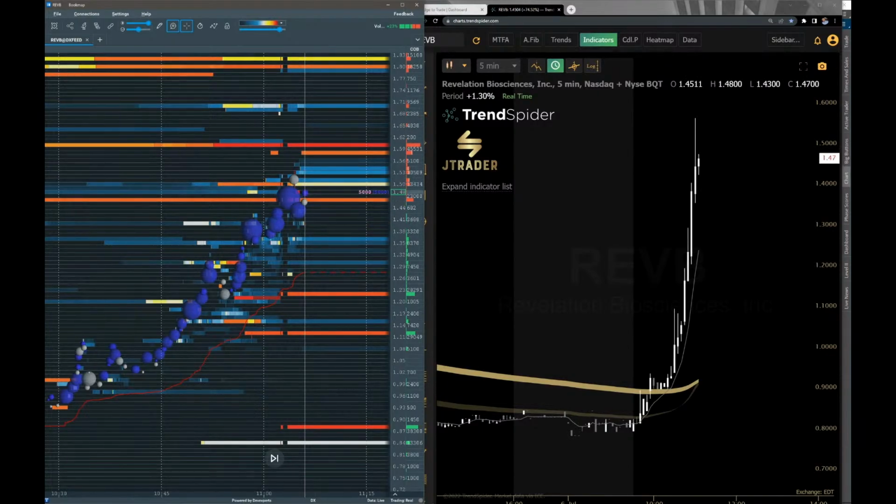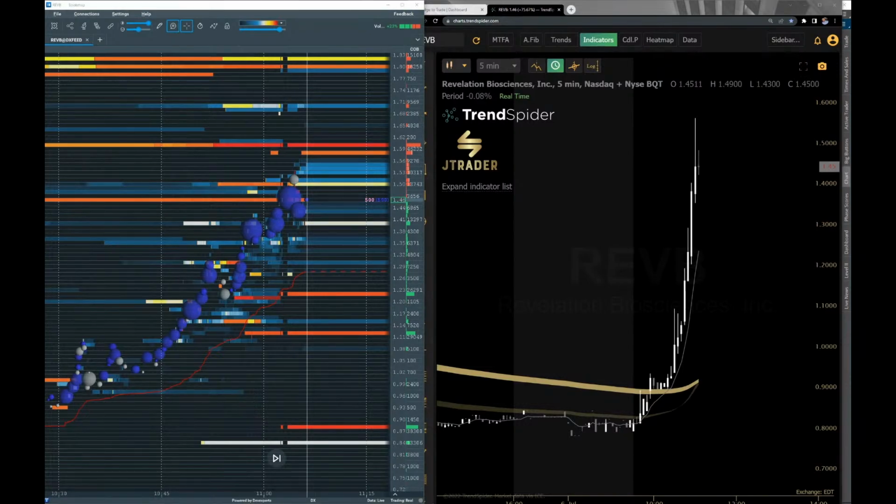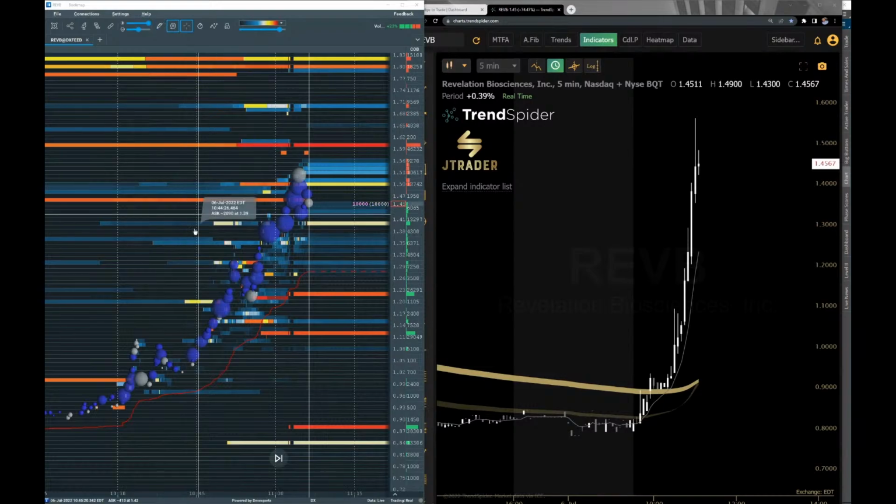And I'm watching the levels over here, 170 and 195, which are my fibs, where I'm looking to long dips. Beautiful price action over here, beautiful push.